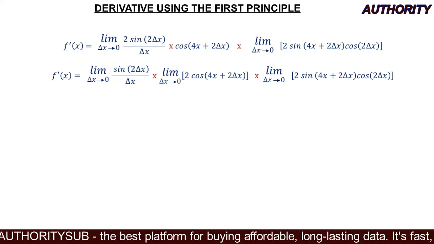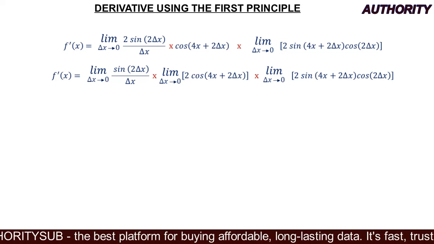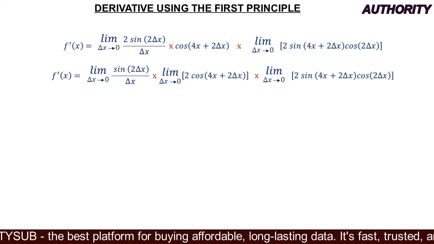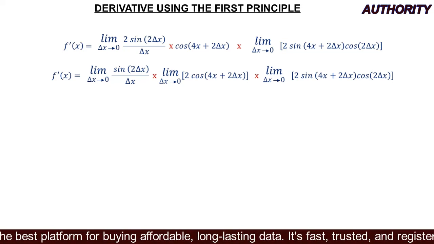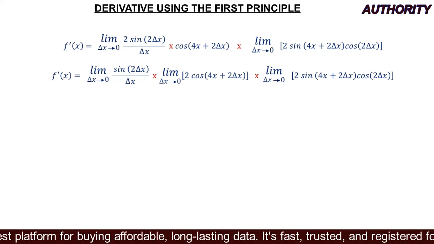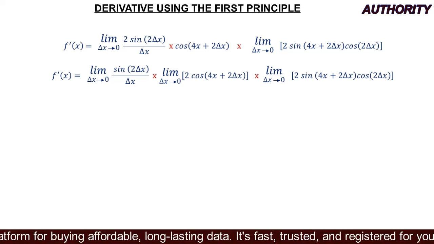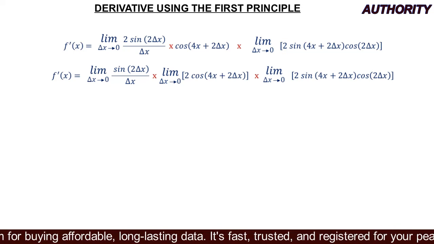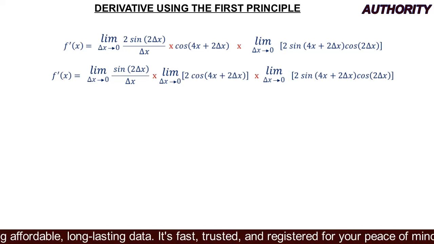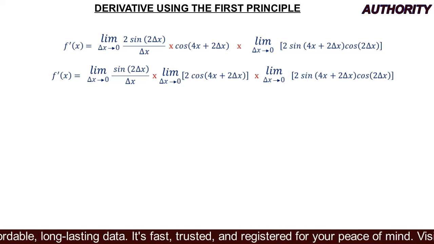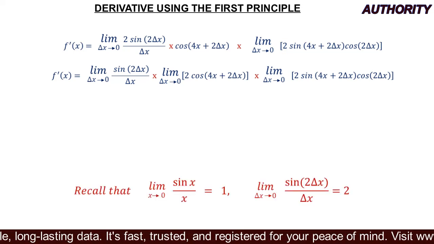Now let's go. In this case, where we have limit as changing x approaches 0 sine 2 changing x all over changing x. All right, look at it.